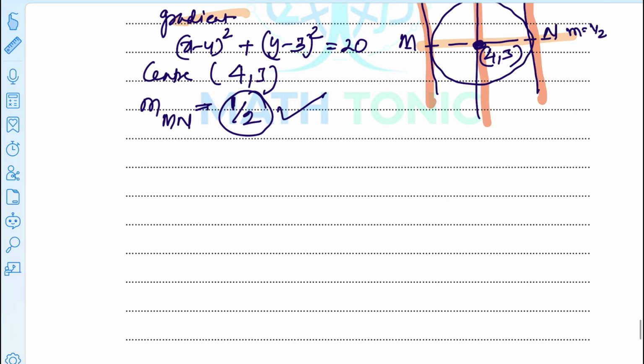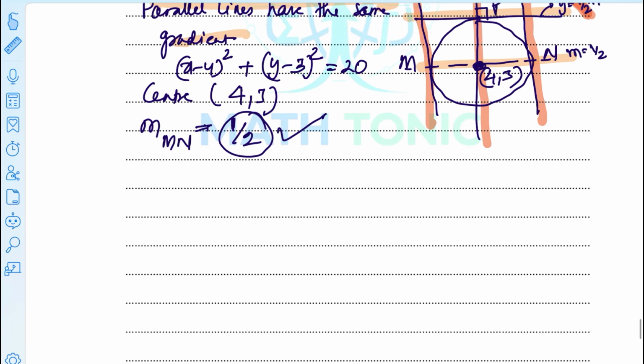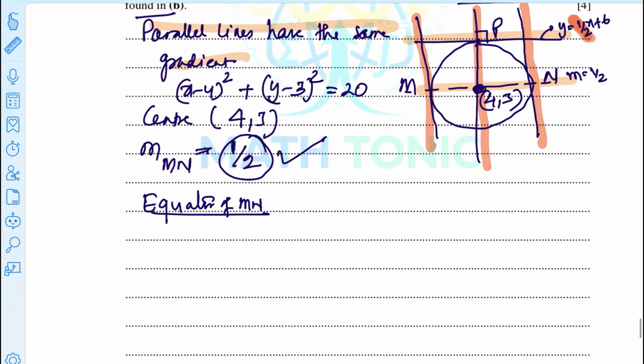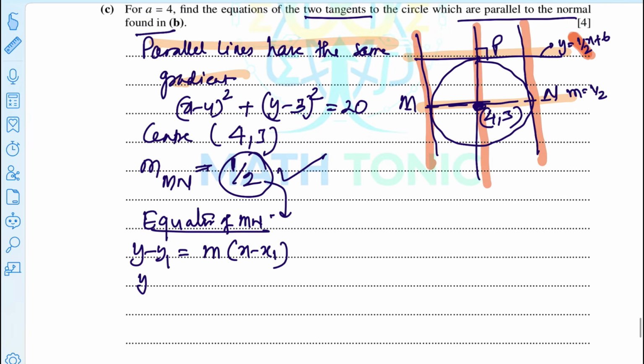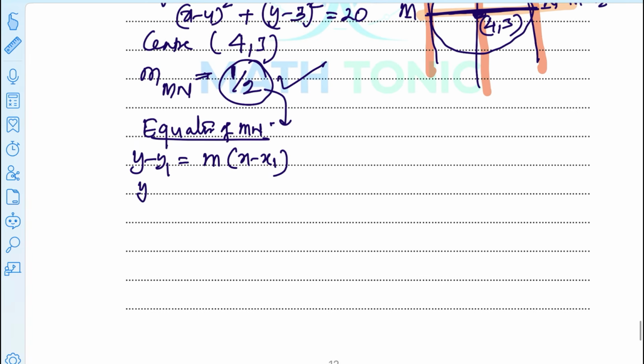Then how to find the equation? If I try to find the equation of MN, I'm talking about this MN. So the gradient we got is half, right? So y minus y1 equals m times (x minus x1). This line is passing through 4 comma 3, so I'll put it.